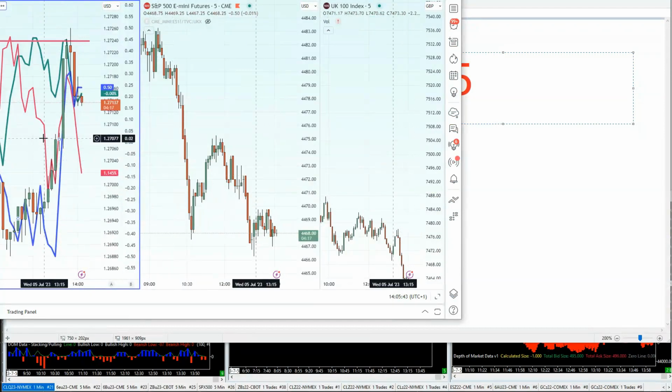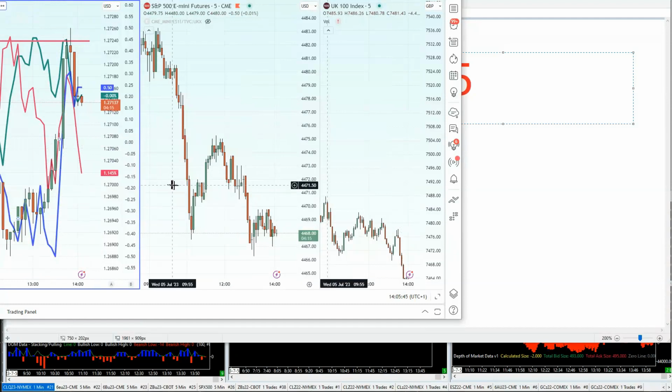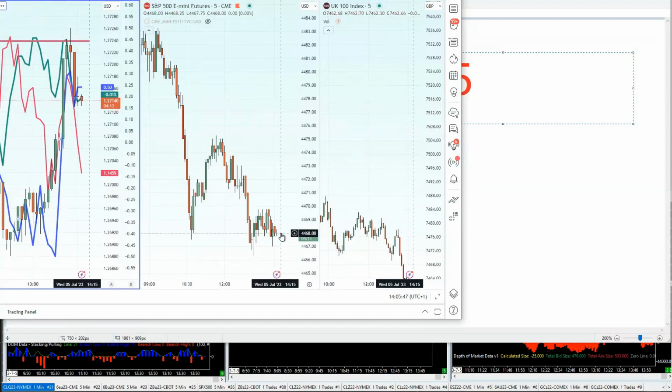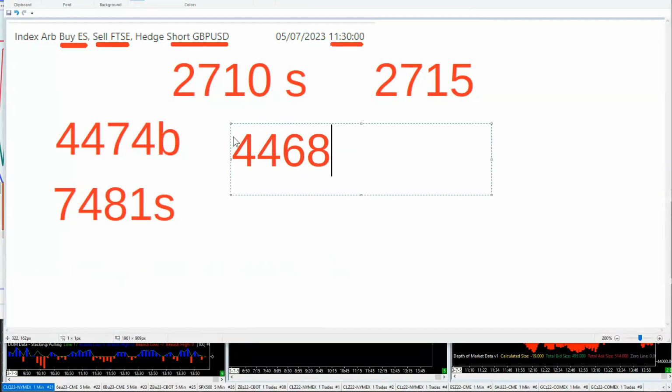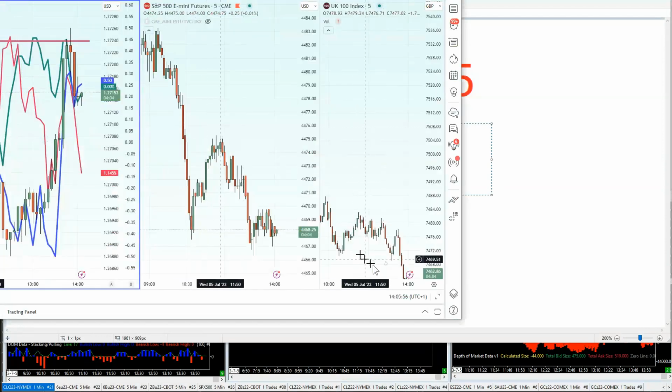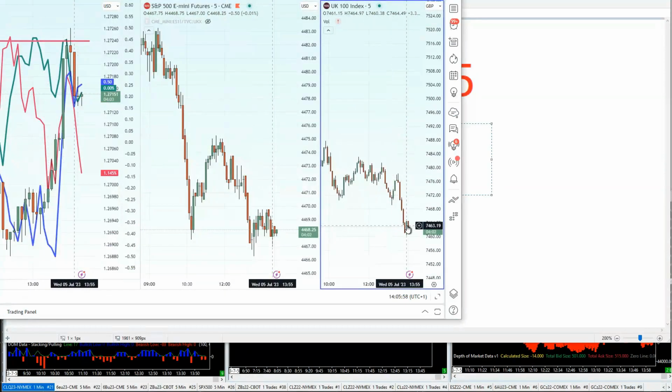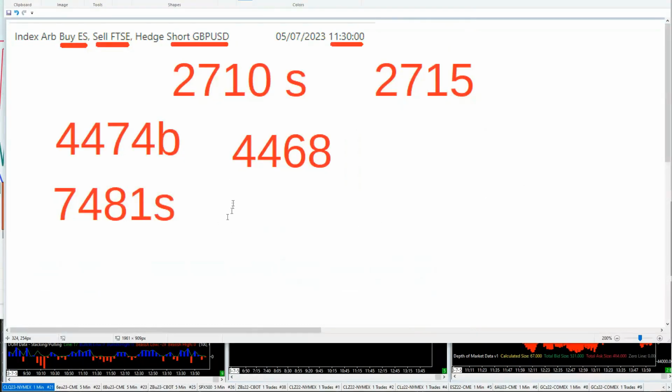But obviously that's okay. We can look at that as part of that spread trade. The S&P is trading at 44.68. And the current price on the FTSE is currently 74.63.